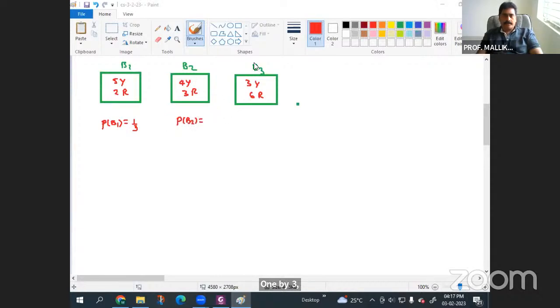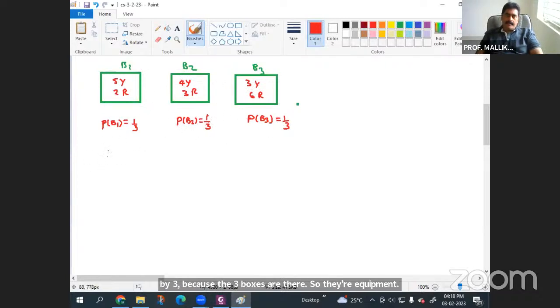Correct, 1 by 3. And probability of box 3? 1 by 3, because the 3 boxes are equally likely events. So 1 by 3, 1 by 3, 1 by 3.